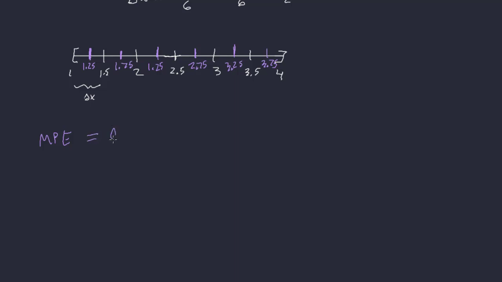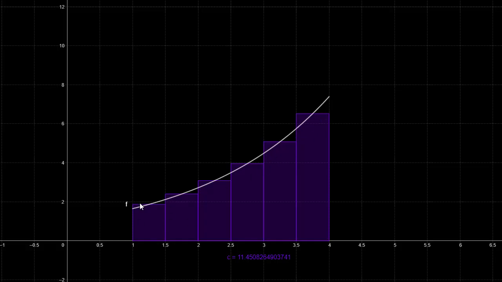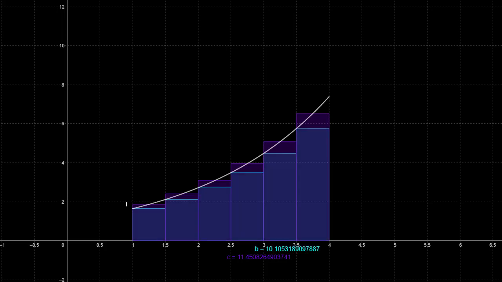Okay, so the midpoint estimate will be 0.5 times all these values, f of 1.25 plus f of 1.75, etc. Just realized I had a typo there. That should be 2.25. All right, and here we got about 11.45. Right, so when we look at the graph, here's the midpoint version of it with 11.45.